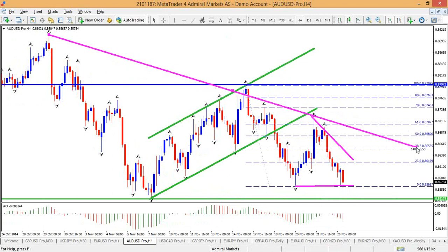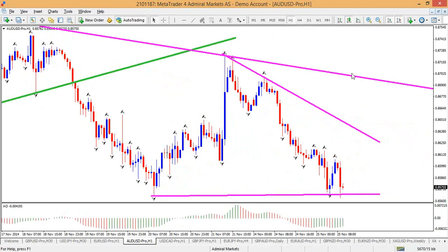Let's look at resistance trend lines that could be worth keeping an eye on. This 4-hour trend line could be something if price gets there, around 86.80, 87. Could be a good shorting zone.